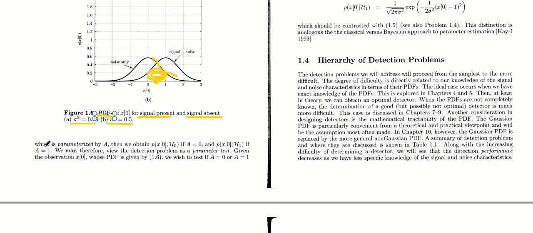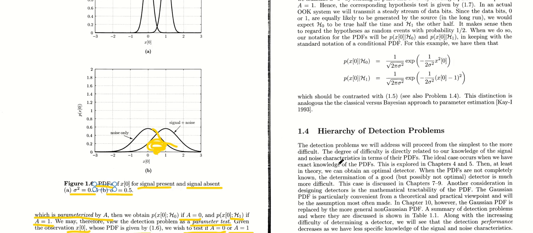So it's parameterized by A. Then we obtain P of X0 conditioned on H0 if A is 0, and P of X0 given H1 if A is 1. We may therefore view the detection problem as a parameter test. Given the observation whose PDF is given by that, we want to test if A is 0 or A is 1.